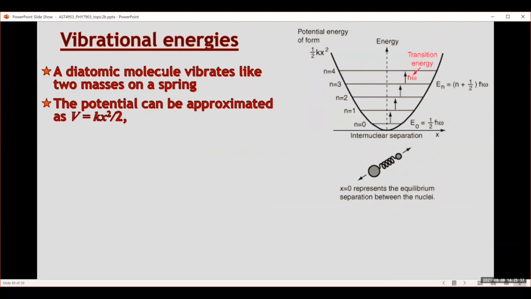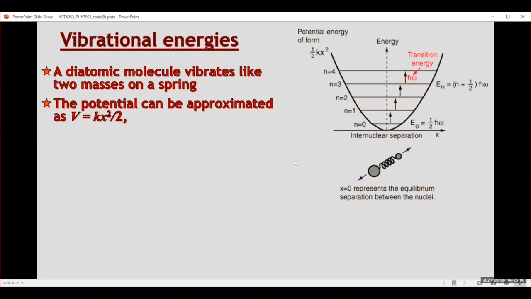When we have a diatomic molecule with a mass on each end, what we care about is the spring. We can think of the potential energy as having the form kx²/2, where k is the spring constant and x is how much the spring is displaced from equilibrium.